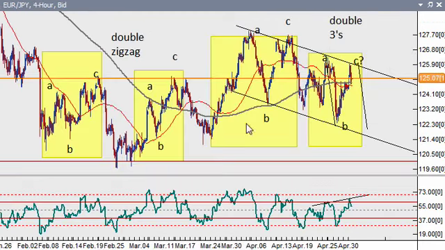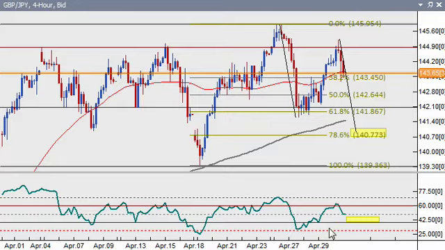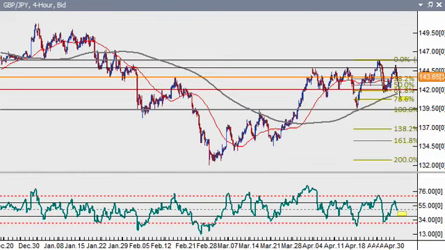But in the euro yen, you see here, the rally has been very weak compared to the pound yen, and we see all these attempts being thwarted, being faded. In the pound yen here, we do see them faded, but there is definitely more pressure on the euro than the pound at the moment.